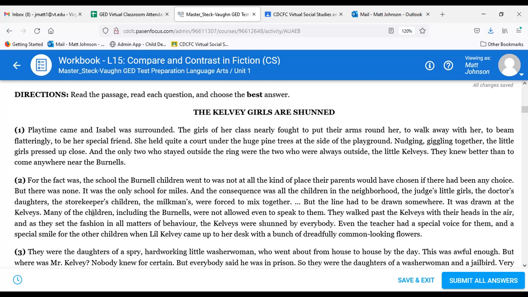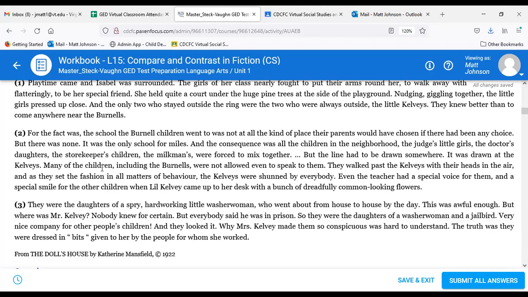It was the only school for miles, and the consequence was all the children in the neighborhood, the judge's little girls, the doctor's daughters, the storekeeper's children, the milkman's were forced to mix together. But the line had to be drawn somewhere. It was drawn at the Kelveys.